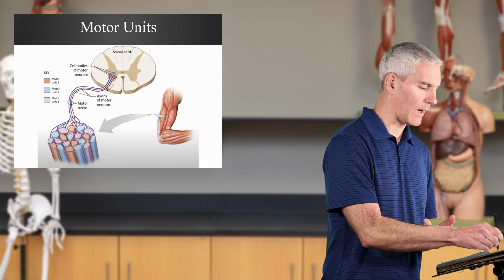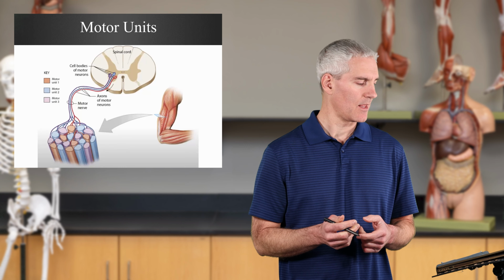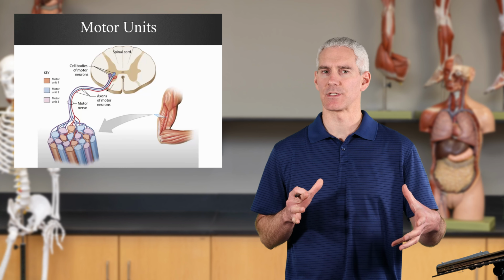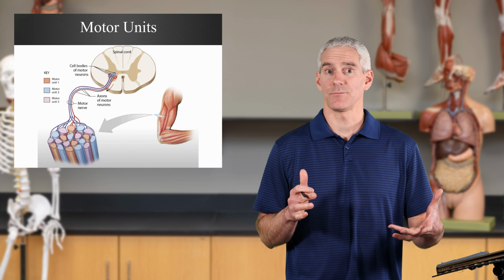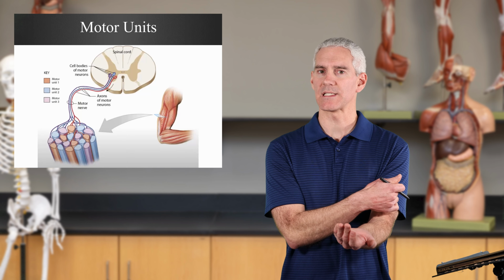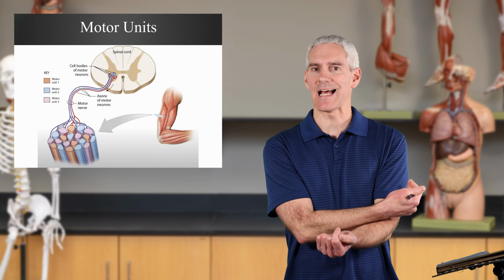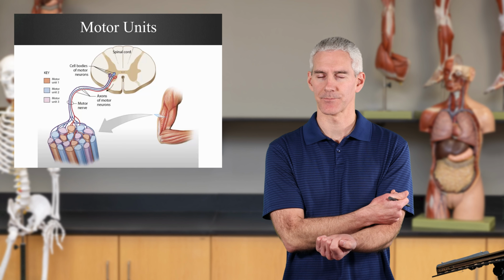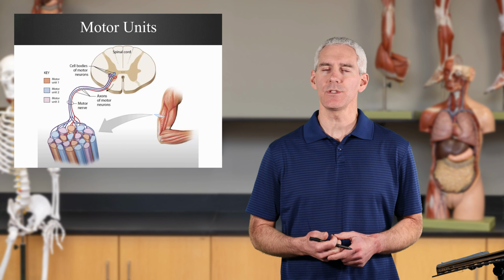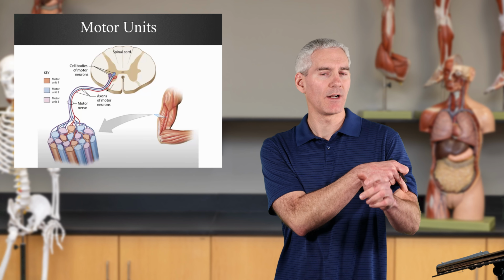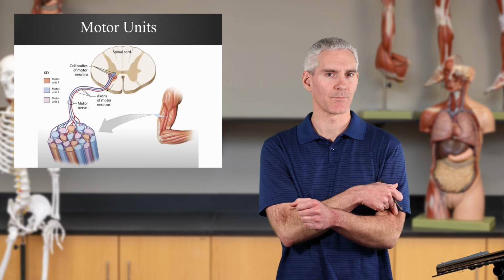Why is it significant that we have it spreading out? Because if it only went to one side, only that side of the muscle might contract. If you're only using a couple of motor units and they were all on the same side, that side would contract and cause an uneven pull on that joint.